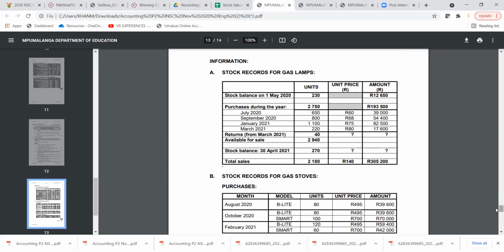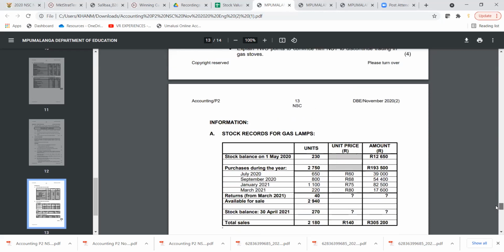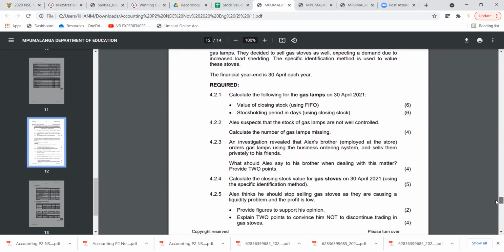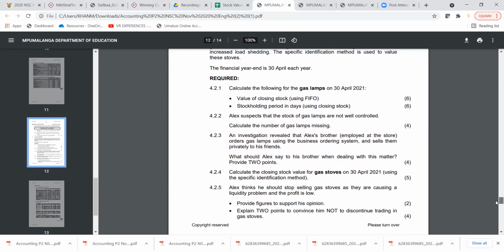So what they want us to calculate is the following. Let's go back up. They want us to calculate the value of closing stock using first in, first out. So let's have a look.